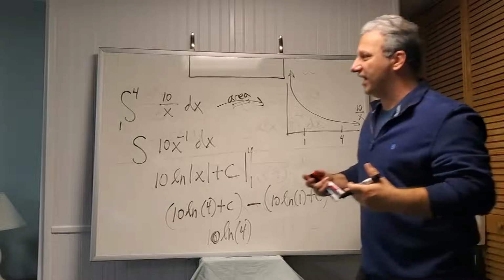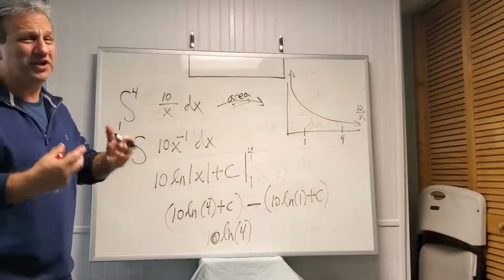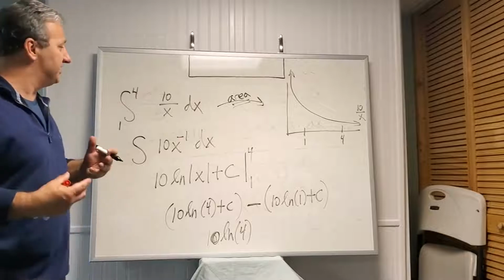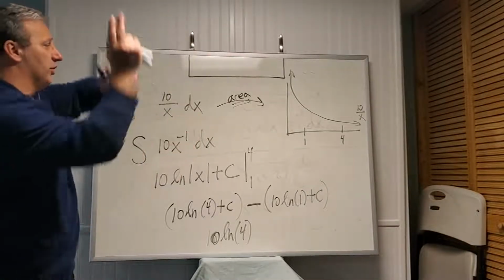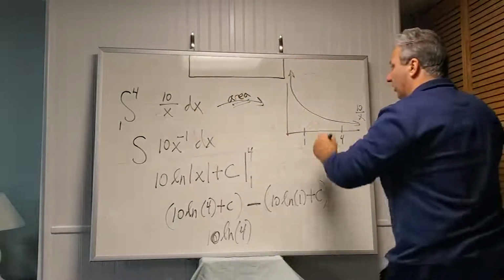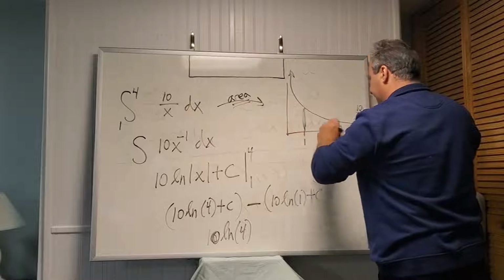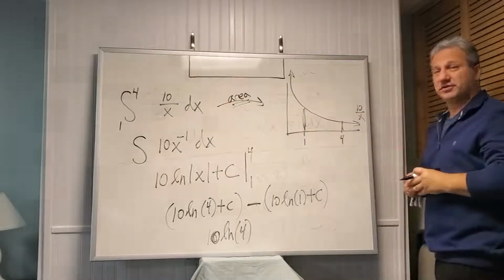So what the definite integral does, it does a really cool area game. What it says is these are the bounds of the expression, 1 to 4. Boom. Those are your vertical bounds in your region. We're drawing a region here. 1 to 4 are the vertical bounds on your region.